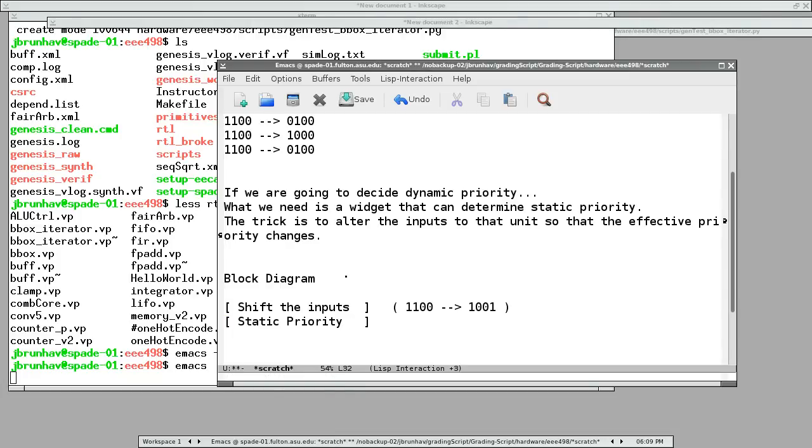So this is the widget that takes 1001 and is going to give me back 100. And then we want to unshift the inputs. So we want to put them back where they originally were. And so this is going to take 100 and give you back 010.